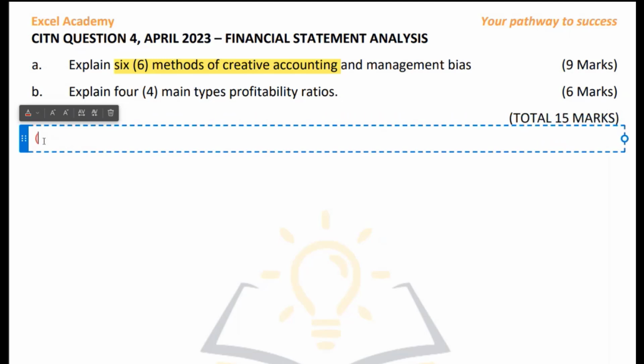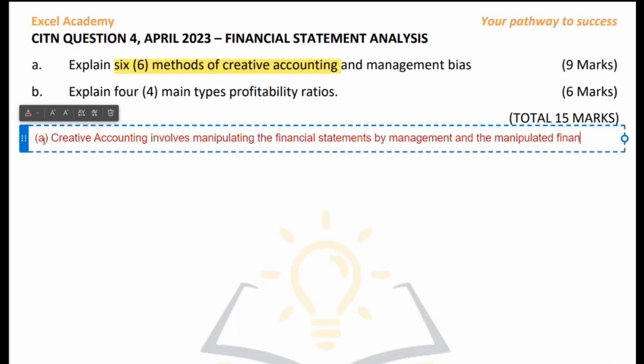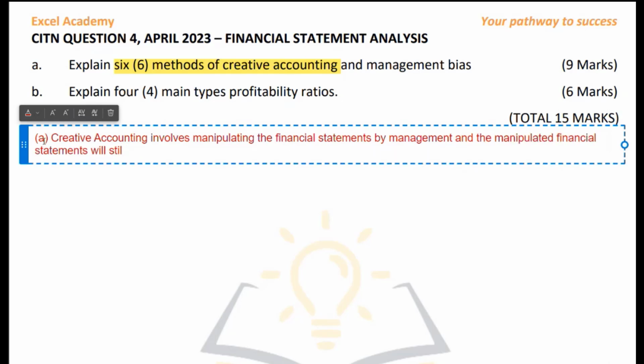So creative accounting involves manipulating financial statements. Who manipulates this financial statement? The management. And the manipulated financial statement will still comply with accounting standards.